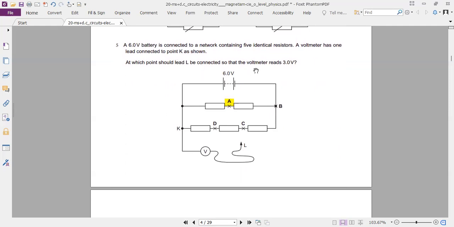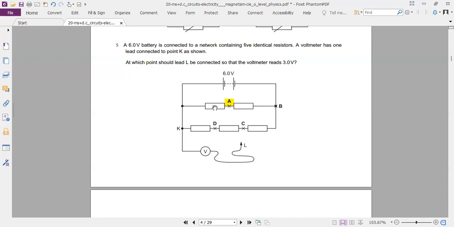Here, voltmeter should read 3. So if we connect this, the voltmeter reading here, what's going to happen? It's going to measure 6 volts, and because these two resistors are connected in series and then they are identical and then they are going back here, so this circuit, the D and C and all these three resistors, becomes irrelevant.